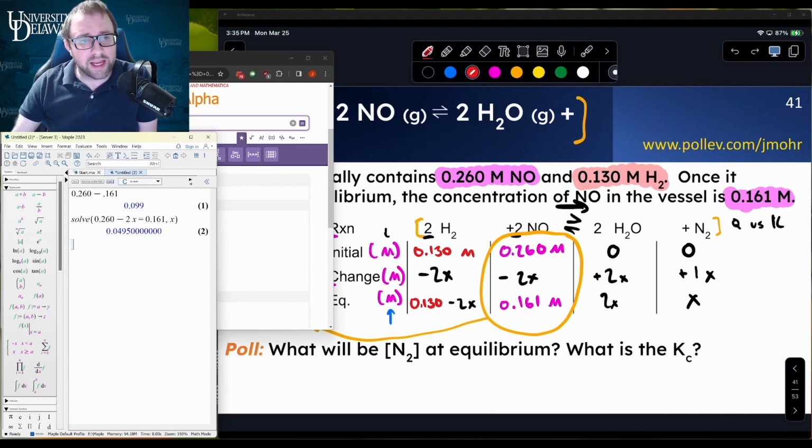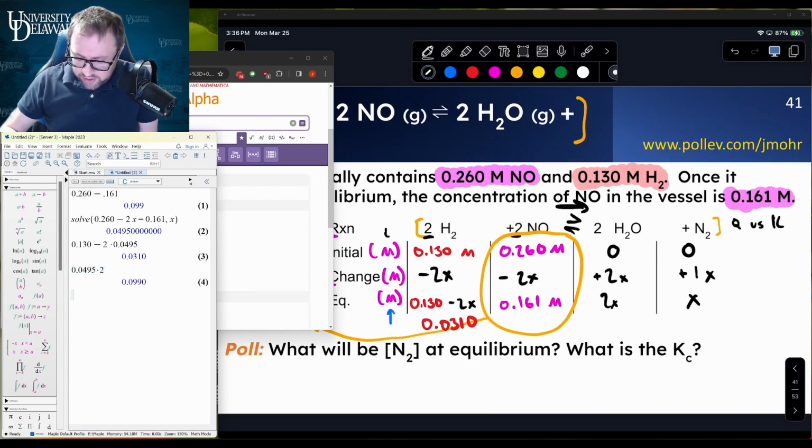So once we know that that's our x value, we can just go in, do 0.130 minus 2 times 0.0495. So our equilibrium concentration of hydrogen is going to be 0.0310. Our equilibrium concentration of water is going to be 0.099.